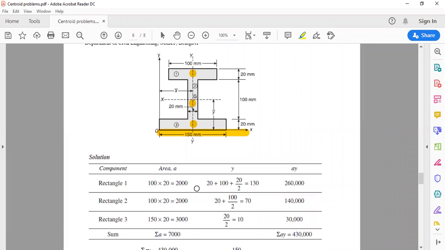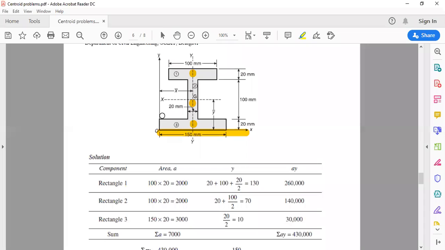Next, y bar. So y bar of the second rectangle is the distance between the centroid of the second rectangle from the reference x-axis. It is 20, which will get me to the base of the second rectangle, plus 100 divided by 2. So 20 plus 100 divided by 2 is 70.